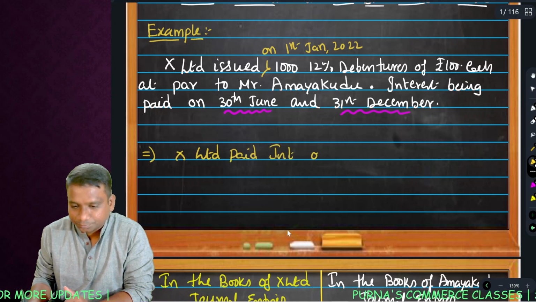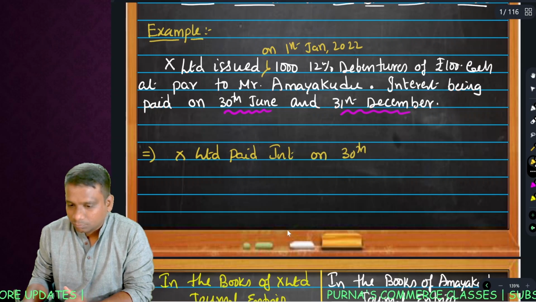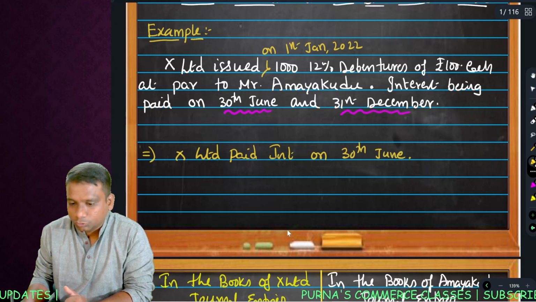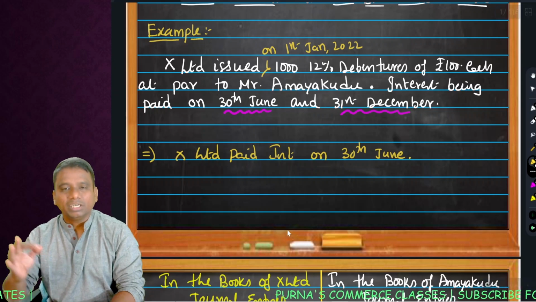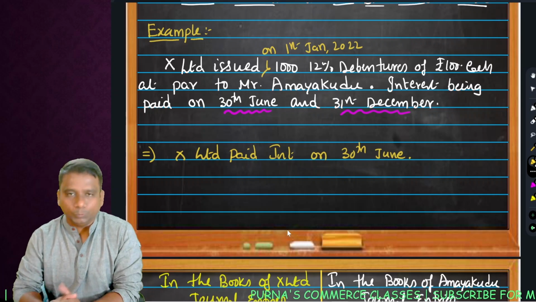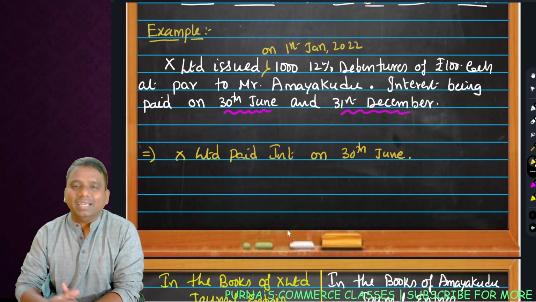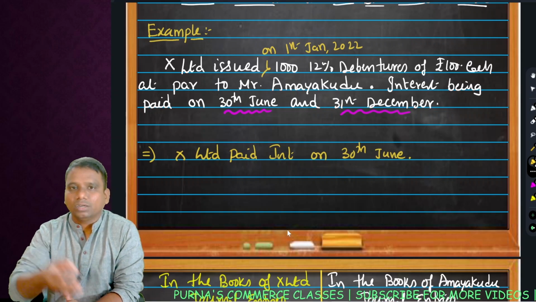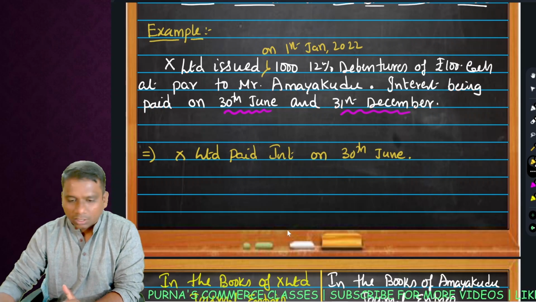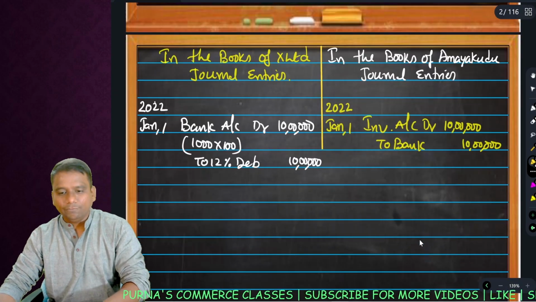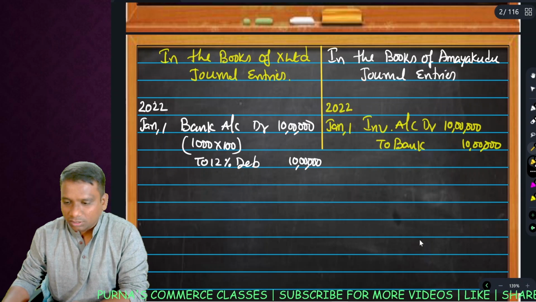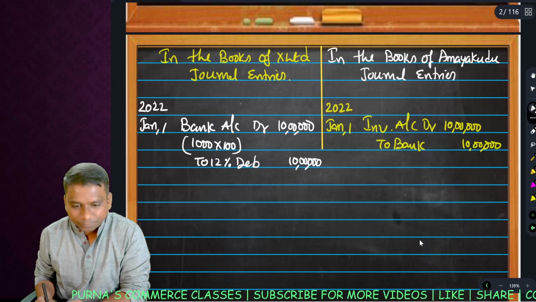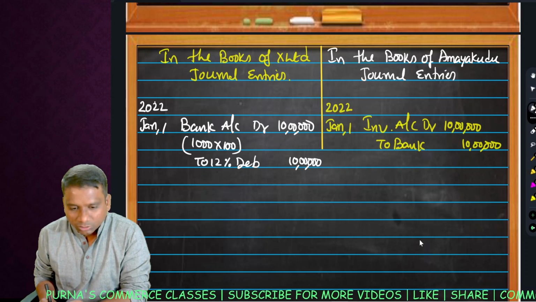X Limited paid interest on 30th June. Now, what is the entry in the books of X Limited? For X Limited, it is an expense. For Amayikudu, it is income. Now, we will see the entry for this interest. On what date are we paying interest? On June 30th.